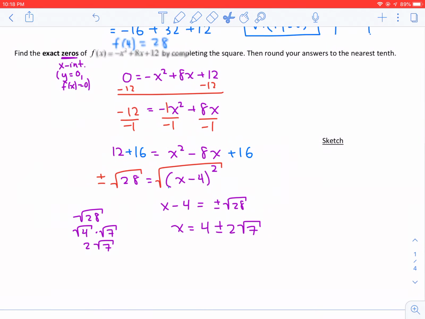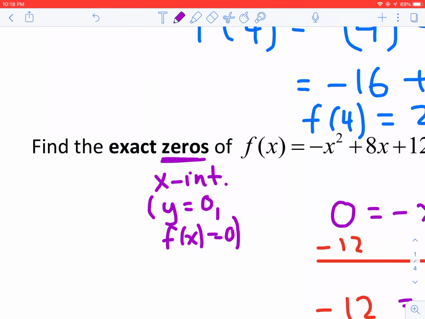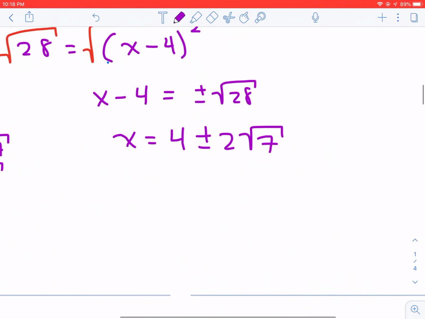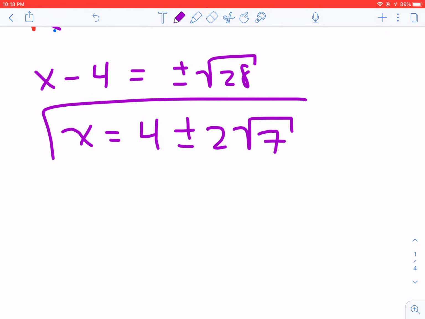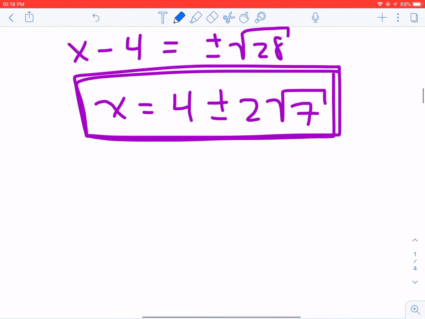And that is my final answer when they asked for exact zeros. So exact zeros means no rounding. This is our exact irrational solution. You don't want to write it as a decimal because it's an irrational number. An irrational number has an infinite number of decimal places with no repetition, so there's no way to write it unless you leave it in the square root form.